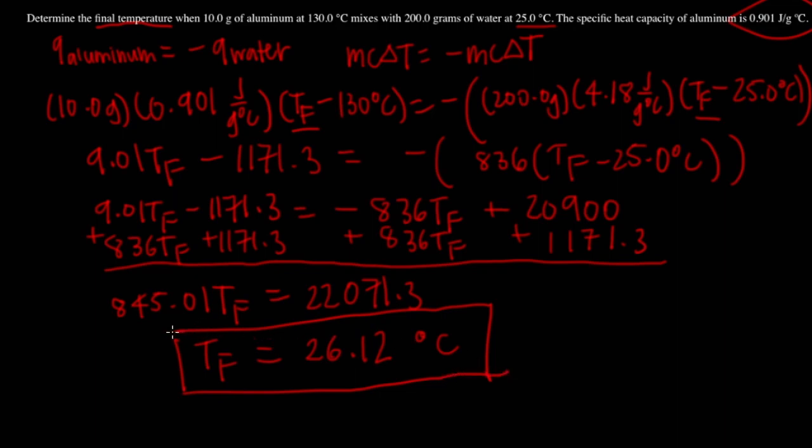So by simplifying this equation above, we have a final temperature of 26.12 degrees Celsius for both the aluminum and the water.